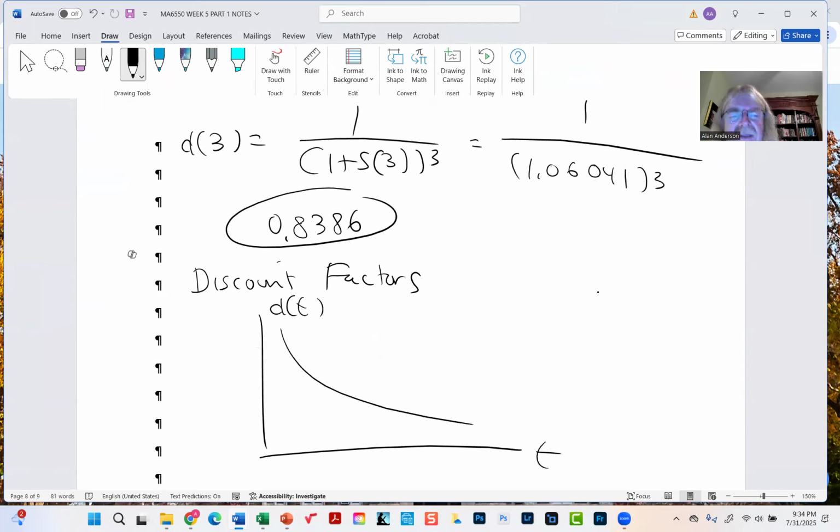All right, so the curve is downward sloping, but it's not linear. It's actually convex to the origin, meaning that the first derivative is negative, the second derivative is positive throughout.